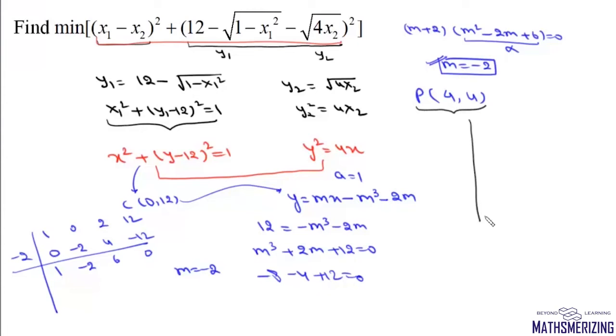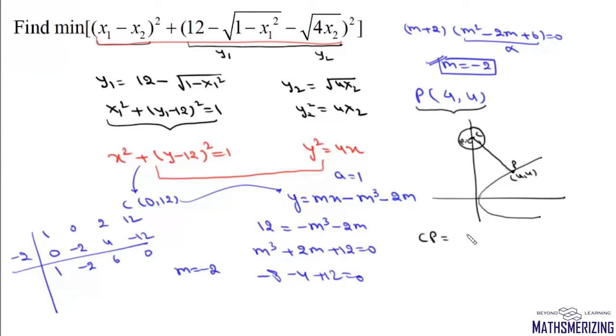So now we have this circle having center at (0, 12) and radius is 1, and then we have this parabola and the point which is closest to it is (4, 4). Now we need to find this shortest distance. So what we'll do is we'll find distance between center and this point P. So we'll find CP.